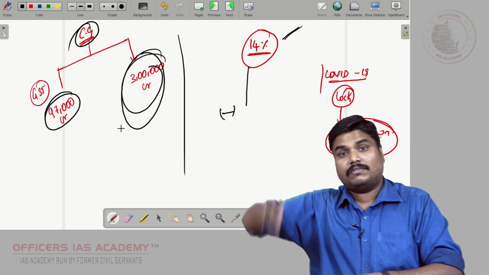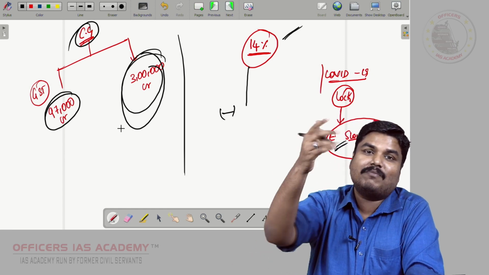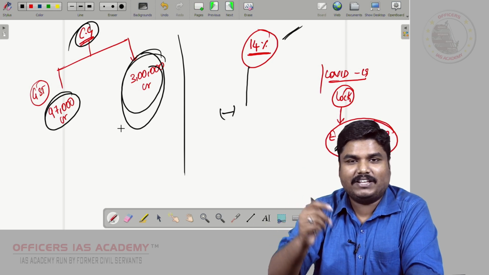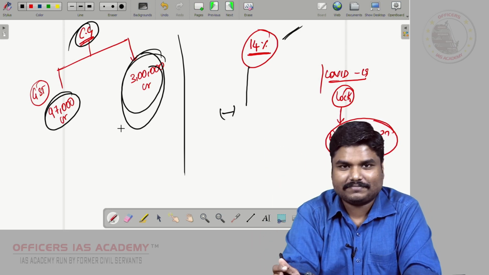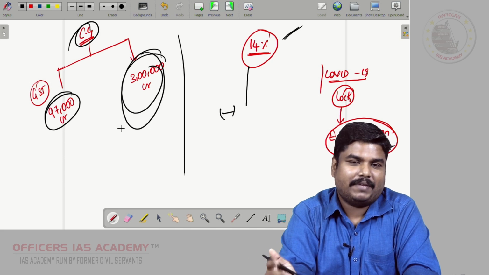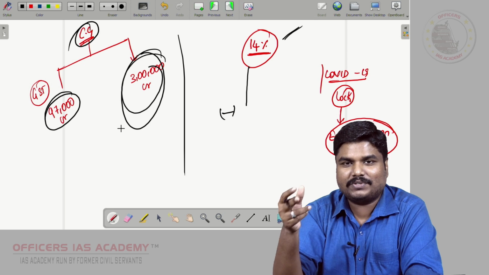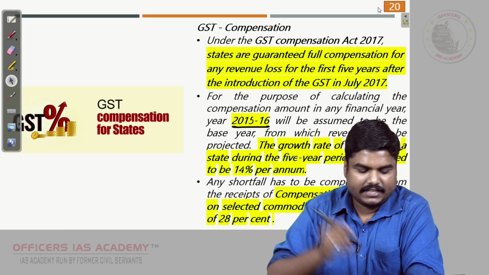But because of slowdown, there was a huge fall in the revenue, and state governments were asking the central government to compensate. Central government said this is not at all fair, we cannot compensate, but we will give one solution. You borrow, central government will repay. I hope if you read those news articles now, you will be in a position to understand better. So, this is regarding GST compensation.